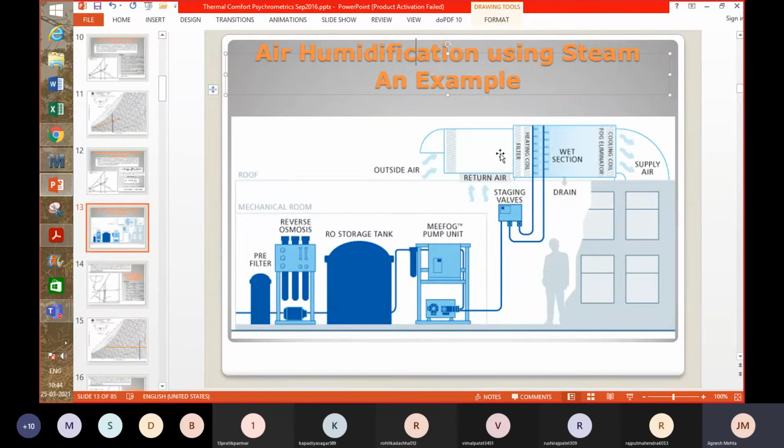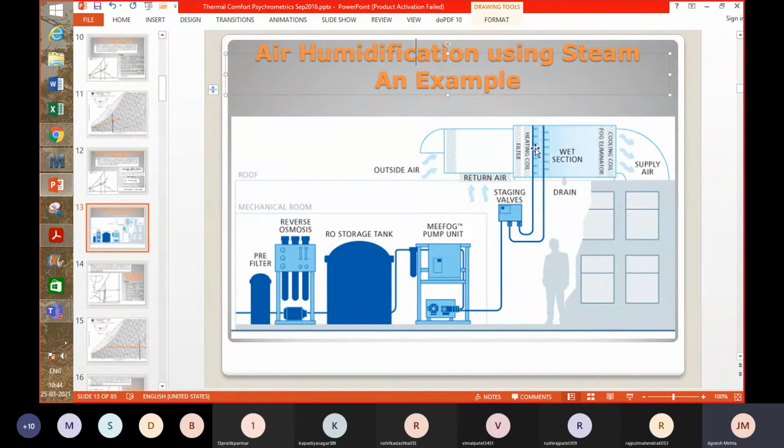Right. So as you can see, this is return air coming from the conditioned space. Again, this could be winter air conditioning. Outside air is mixed, and after that you may want to heat it, and you may also want to inject water, which may vaporize.